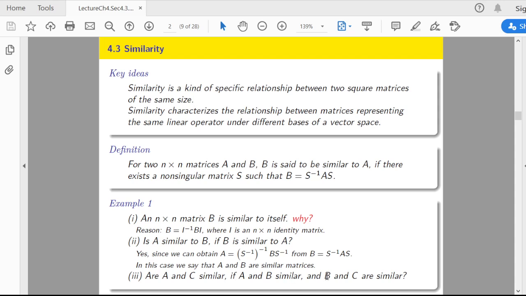Similarly for B and C. And then we do the substitution, we can show A should be equal to the inverse of a matrix times C times the matrix. So you can write down the details and just use the definition here. We can show in this case A and C are similar to each other.